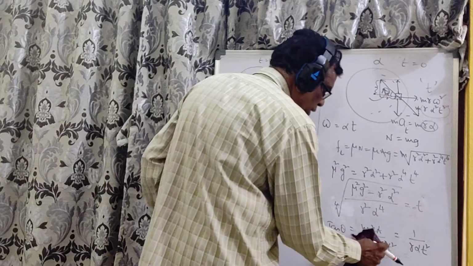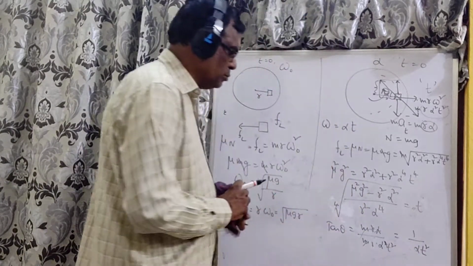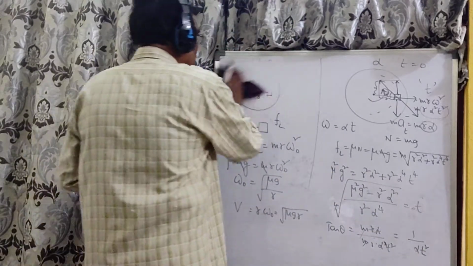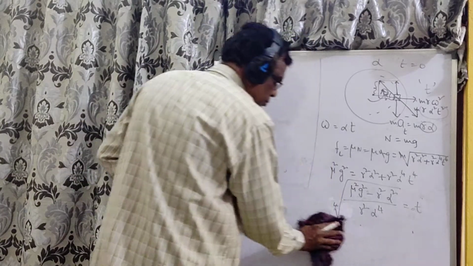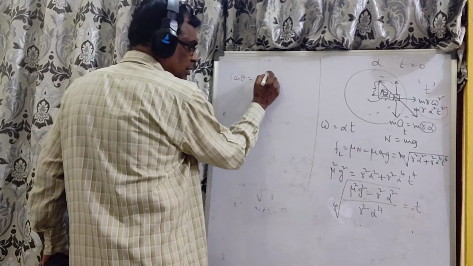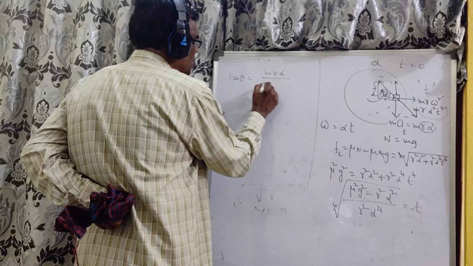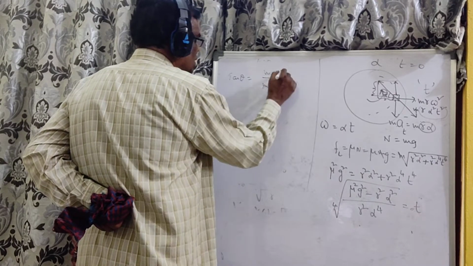Yeah, there is no square here, right? So that's what I'm wondering. It should be non-dimensional, remember. So, okay, I think it has gone down. I'll put it here for you separately. Tan theta is m r alpha by m r alpha squared t squared.